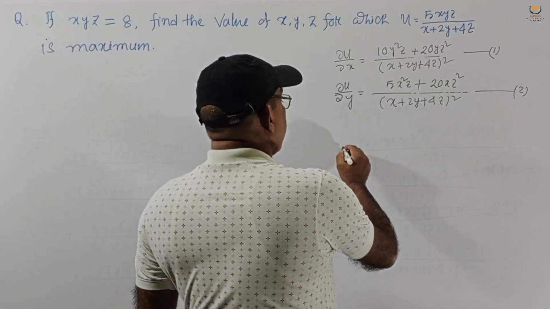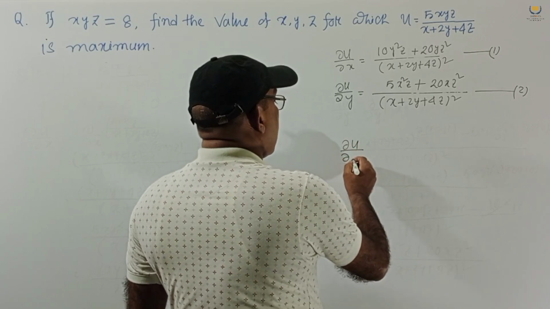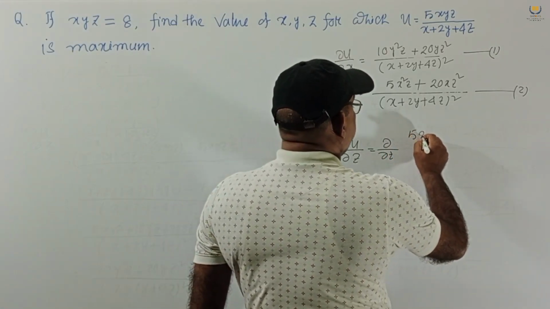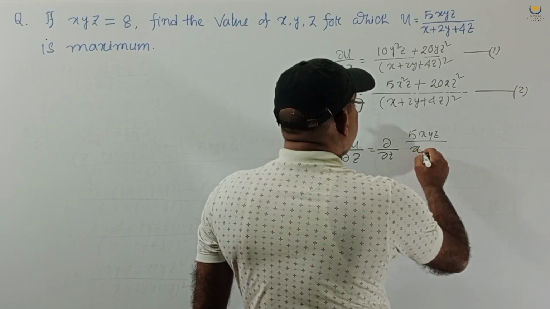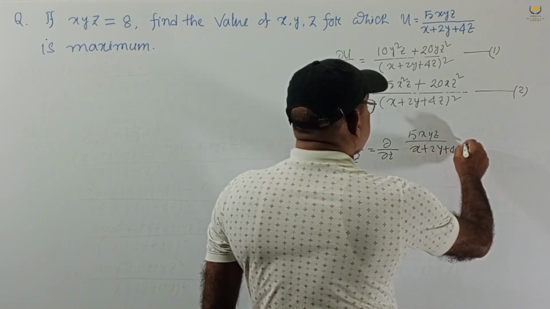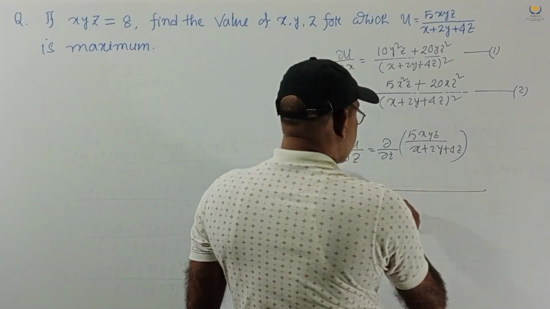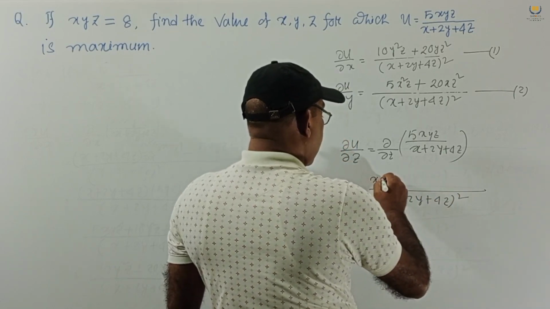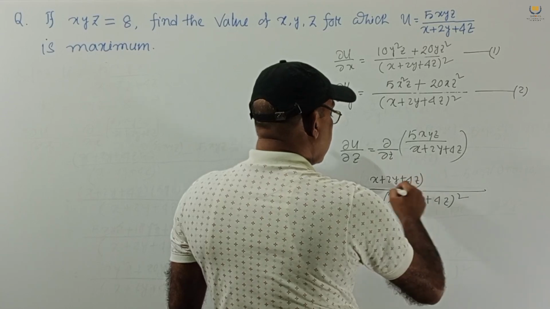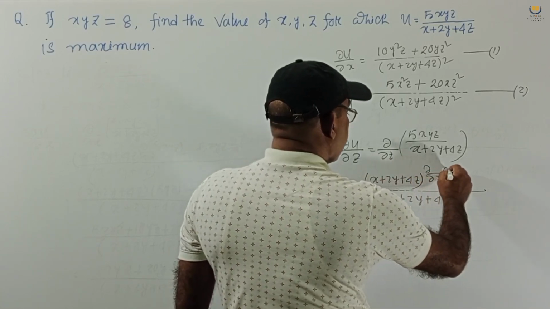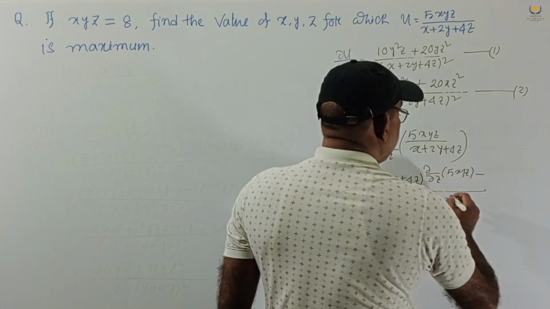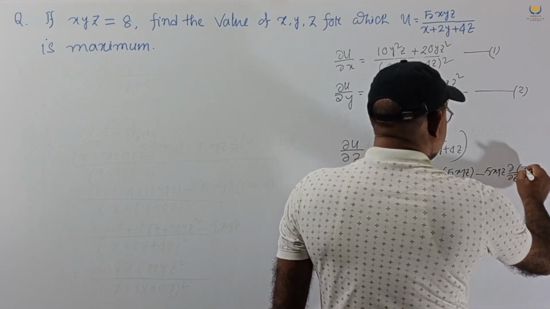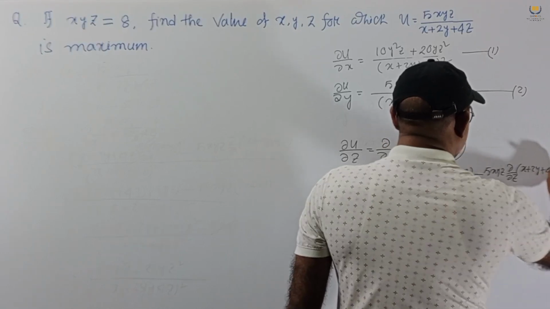Now again we differentiate this with respect to z, del u by del z of 5xyz by x plus twice y plus 4z, using the quotient rule: (x plus twice y plus 4z) times del z of 5xyz, minus 5xyz times del z of (x plus twice y plus 4z), over the denominator whole square.